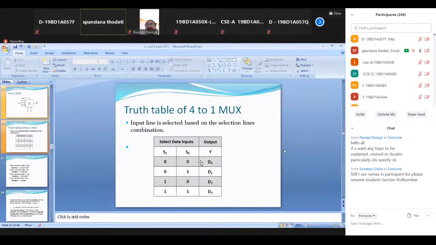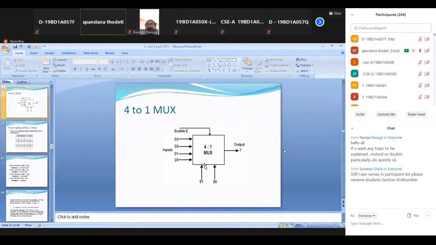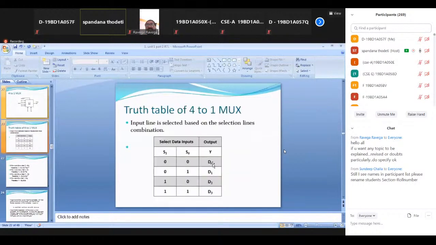It is always 0. So whatever is connected to the 0th input line, here in this case it is D0, D0 will be your output Y. Y is D0. Similarly, if the values are 0 and 1, whatever is connected to the first input line will be selected. Based on the combination of selection values, one particular input is chosen as the output of a multiplexer.